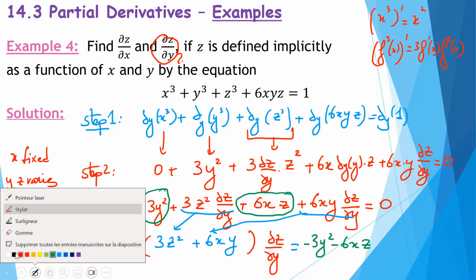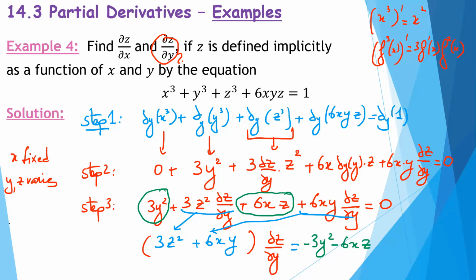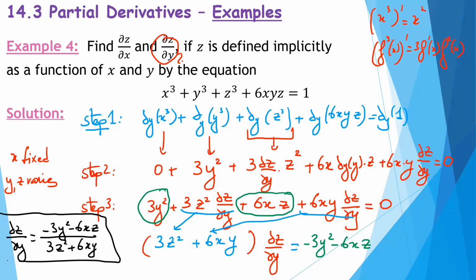Finally the final result is that dz dy will be minus 3y square minus 6xz over 3z square plus 6xy. So this is how to deal when we have an implicit relation between the different variables.